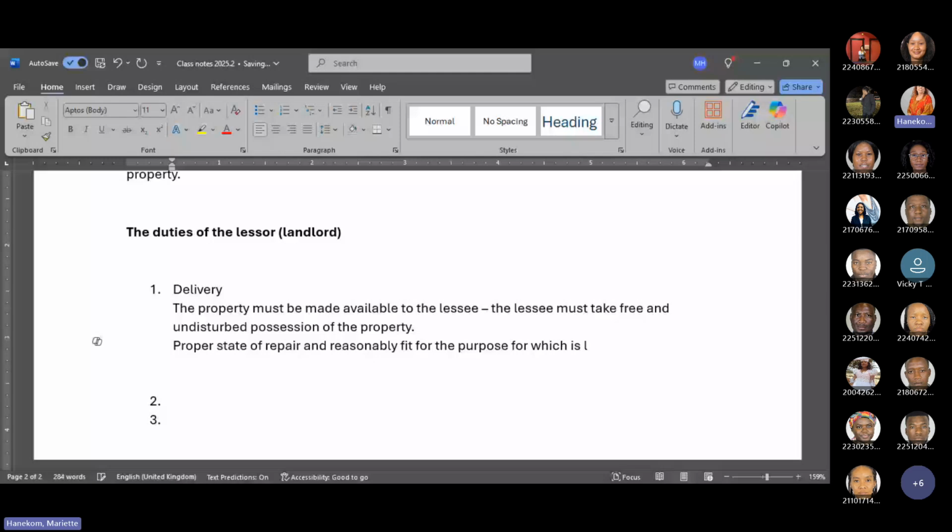So if you are renting a property as a place to stay in, a residential property, it must be in a condition that people can reasonably live in it. The date of delivery will be as determined, obviously, in the contract.